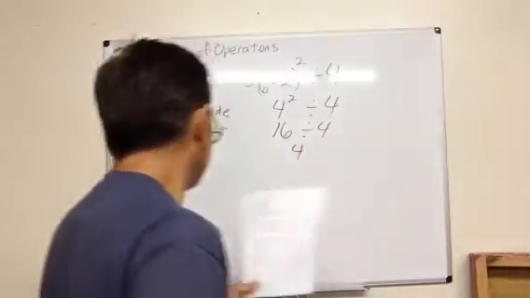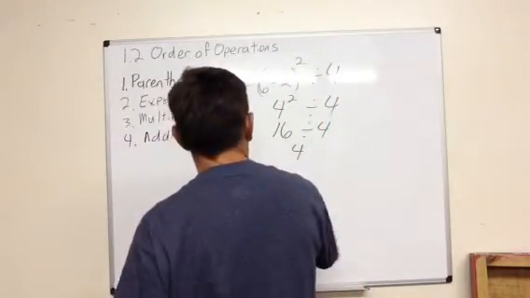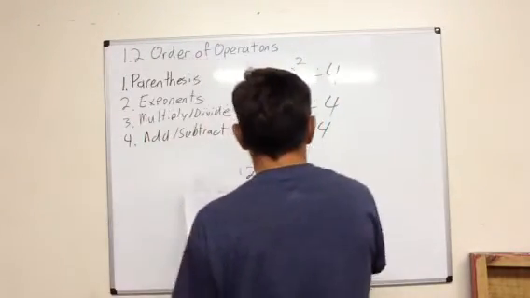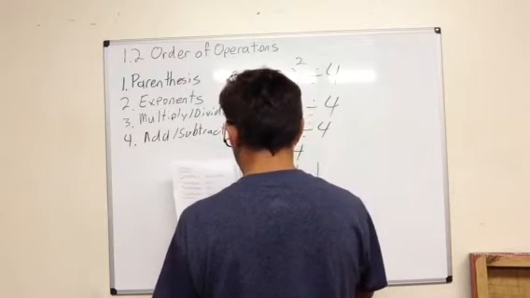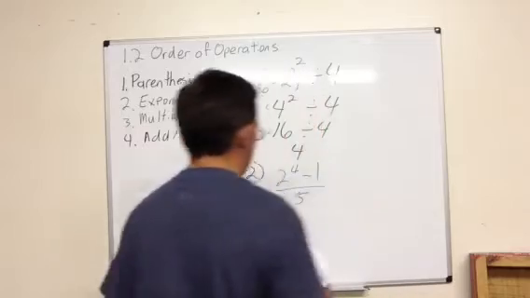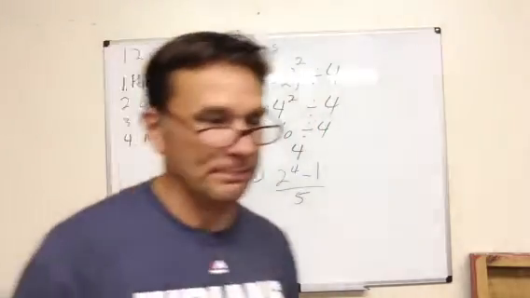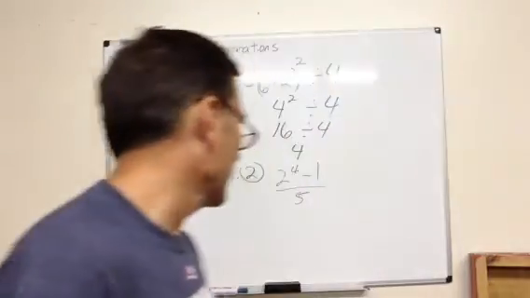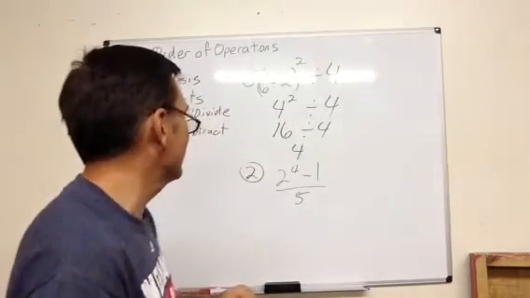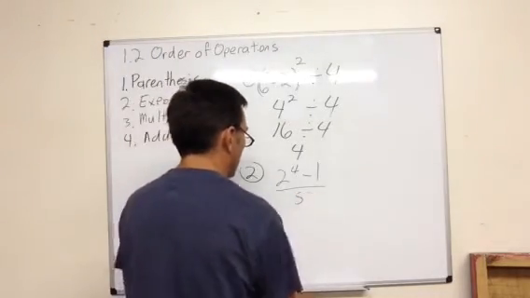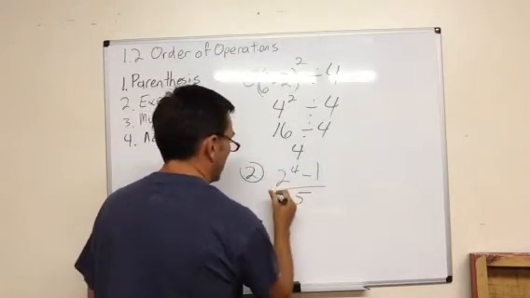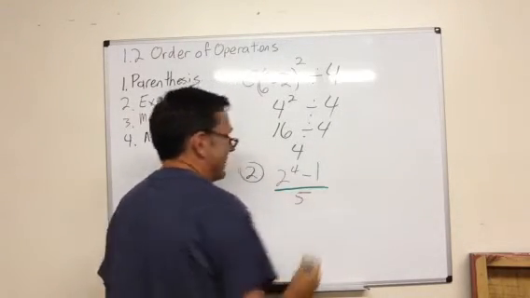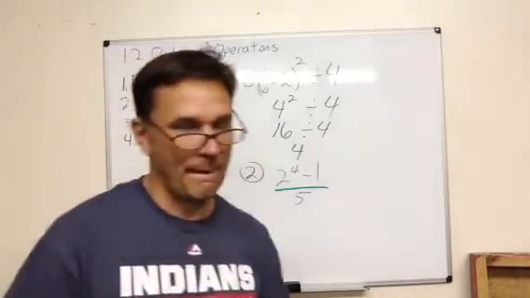Number 2. We have 2 to the 4th minus 1 all over 5. Now, with this problem, if we're looking at this long bar right here, that means division.